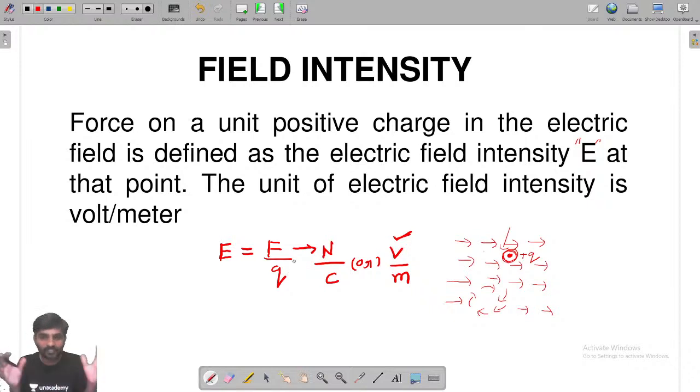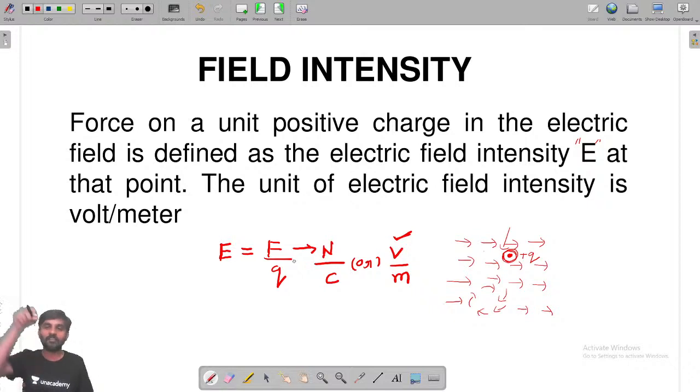This is imaginary; you should imagine that you yourself are placing the charge. Otherwise, imagine you are standing on the top of your home, and a forceful wind is coming onto your terrace.